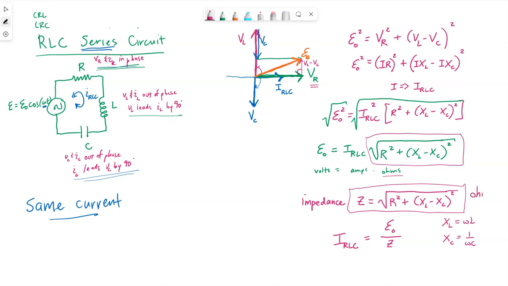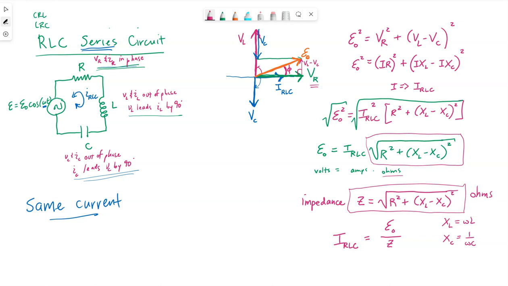So this is our ohms. It's not a true resistor, but it does directly tell us how each element works together and affects the amount of current flow.